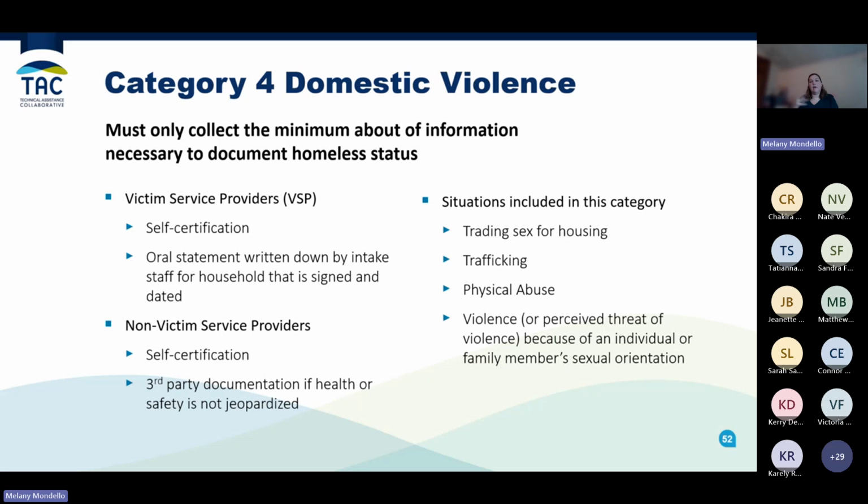And just to again highlight what we talked about earlier, it's called domestic violence, it's called fleeing, attempting to flee, but HUD has explicitly noted that this category includes people who are being trafficked, people who are trading sex for housing, people who are being physically abused, and people who are experiencing violence or perceived threat of violence because of a family member's sexual orientation.